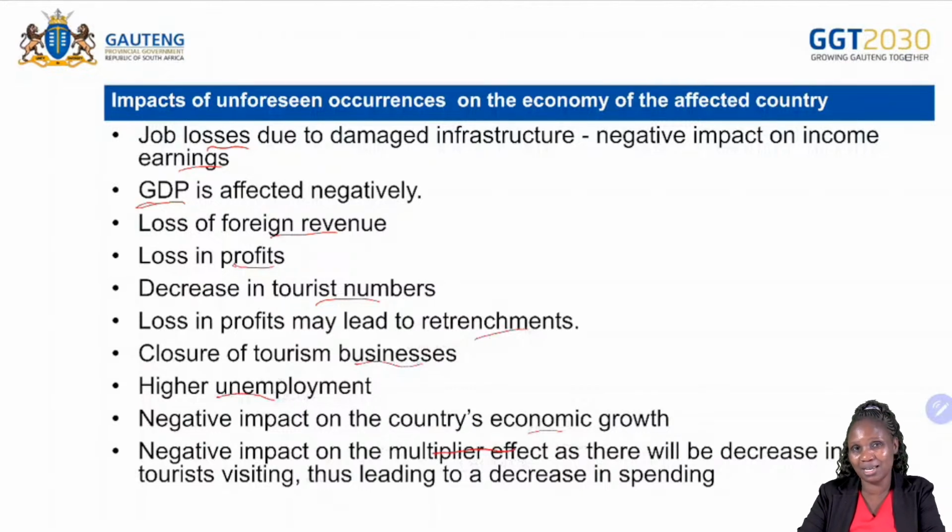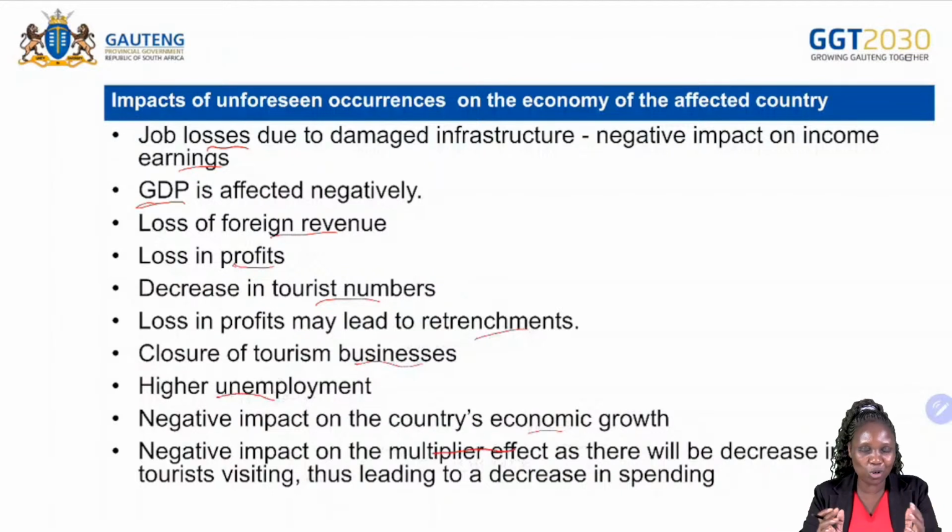Remember in 2010 when we hosted the FIFA World Cup, we had a lot of tourists coming into the country. They were using transport. They were booking at hotels, at B&Bs for accommodation. They were also eating. They were also buying souvenirs. They were also visiting attraction sites.